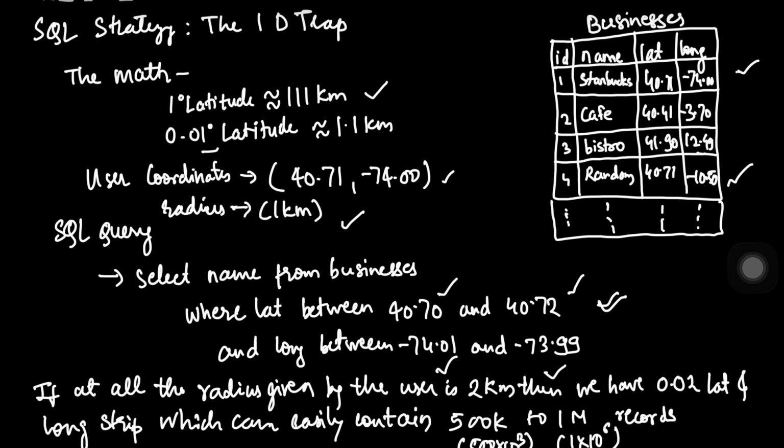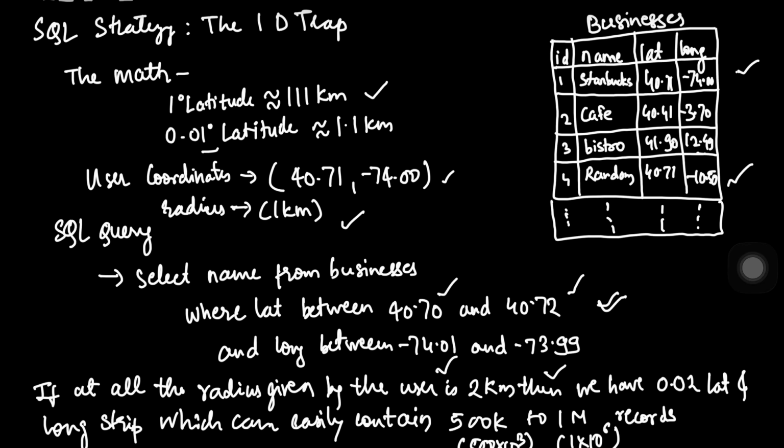So in our example, Starbucks and random were considered out of the filter. After that, the longitude is also compared. For every single one of those filtered rows, the database must perform a secondary check for the longitude range. This is a bottleneck. The database is doing double the work because it cannot filter both dimensions simultaneously.